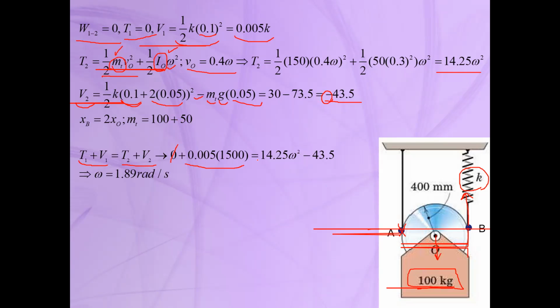We have the kinetic energy, which is obtained here in terms of omega. And finally, the final potential energy in the final position. From this equation, we have one unknown, omega. You can easily obtain that omega at this moment is equal to 1.89 radian per second. Okay, clear? Any question?